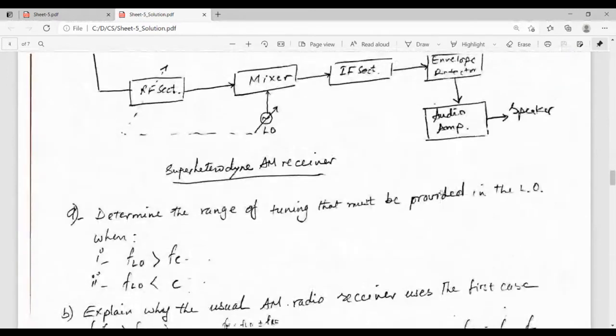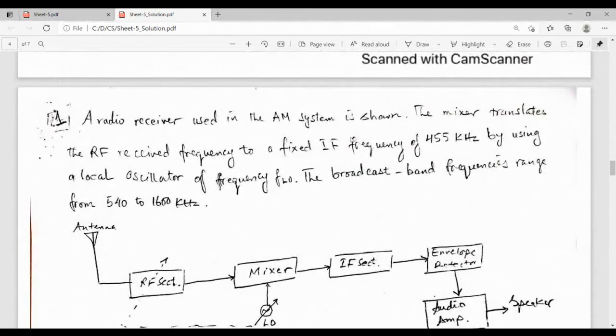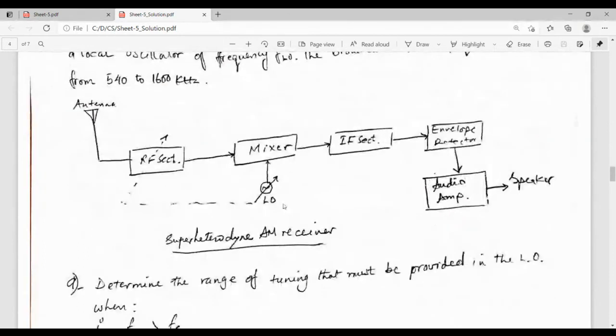And coming to question number 4, superheterodyne receiver. A radio receiver used in AM system is shown. The mixer translates the RF received frequency to a fixed intermediate frequency of 455 kHz by using a local oscillator FLO. The broadcast band frequencies range from 540 to 1600 kHz.